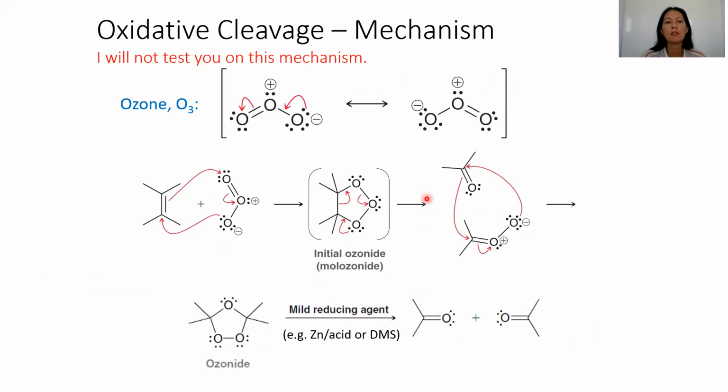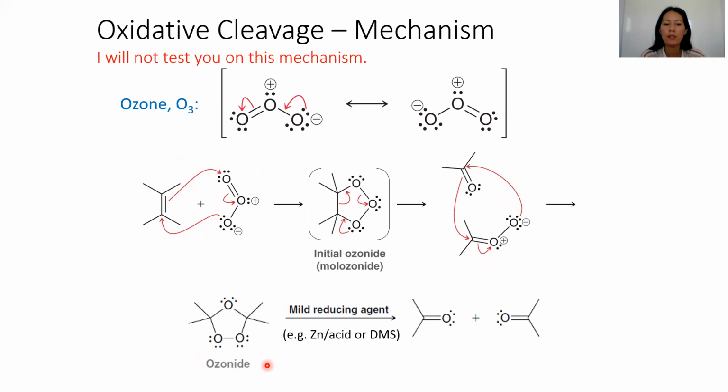I'm going to show you the mechanism, but I'm not going to test you on this. This is ozone here. You're going to generate in this cycloaddition a 5-membered intermediate called the ozonide. And this can fragment to give you this ketone and this other intermediate, which can further add to each other and generate this modified ozonide.